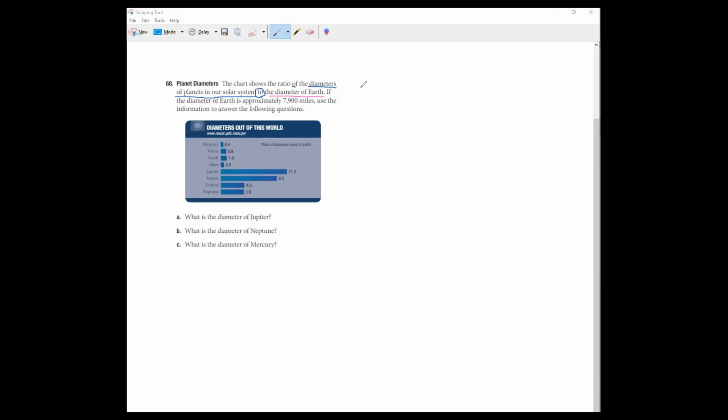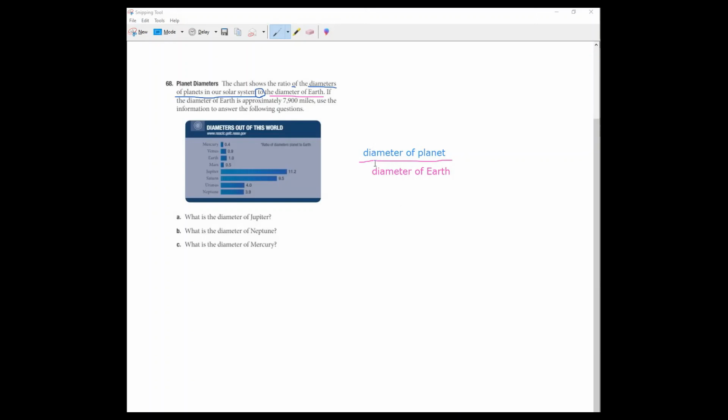So the diameter of the planet in the solar system is what goes on top, to the diameter of the Earth. So we're basically going to keep it in the same order that it was written, starting with that first term in the numerator and the second term in the denominator.